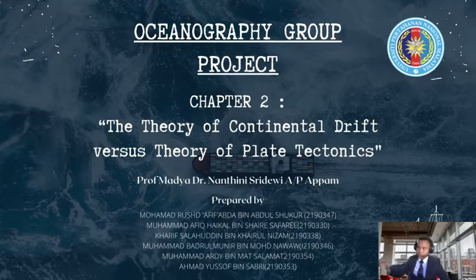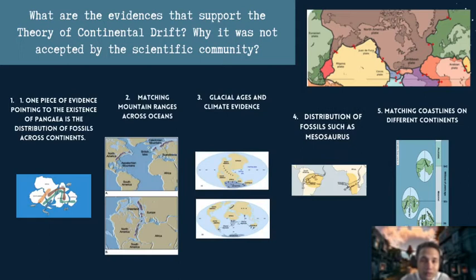Thank you, Prof. Today I want to tell you about the evidence that supports the theory of continental drift and why it is not accepted by the scientific community. First things first, I want to tell about the meaning of continental drift.